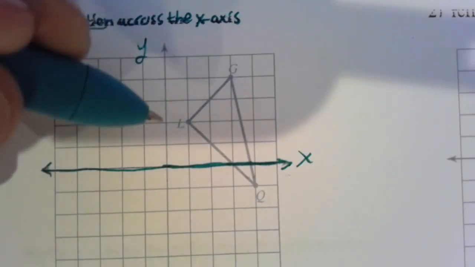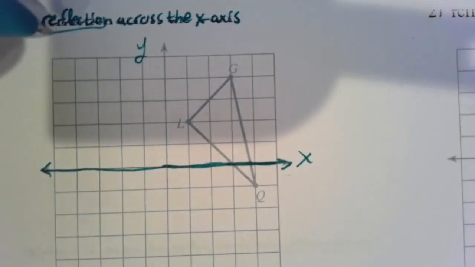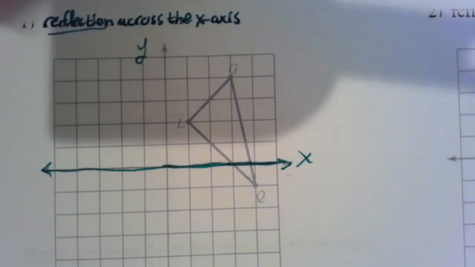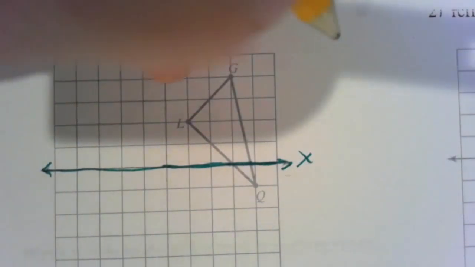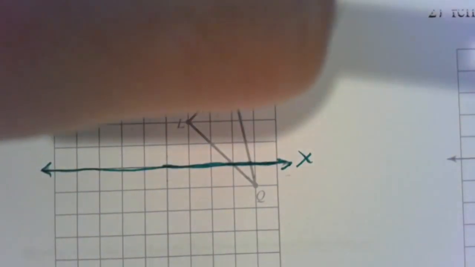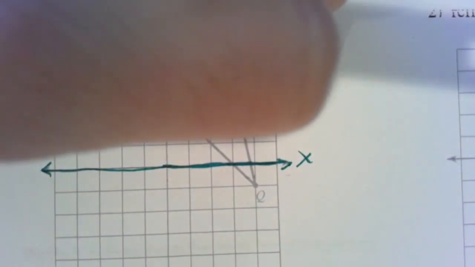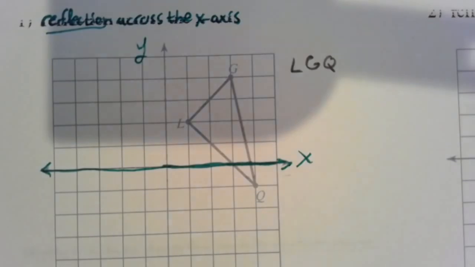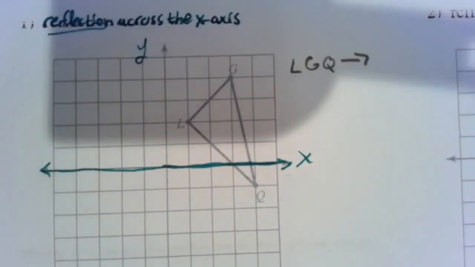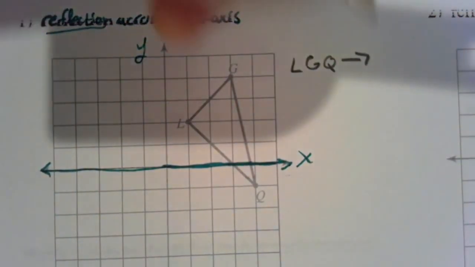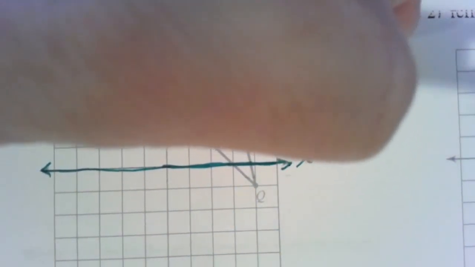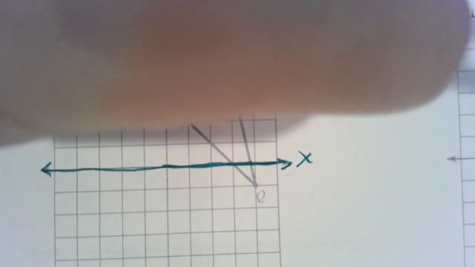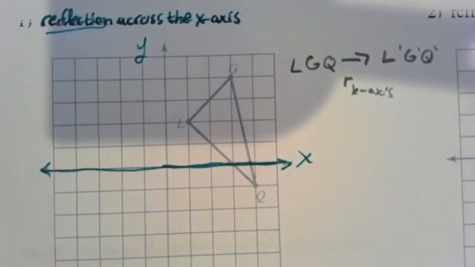want to write this in another notation. Sometimes they'll have it in English like this. Other times they're going to say my shape LGQ, and they'll just have an arrow over here, and because it's a reflection, it'll be little r and then x-axis to get L prime, G prime, Q prime.